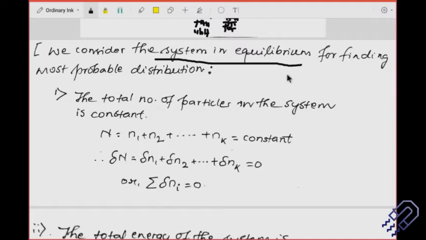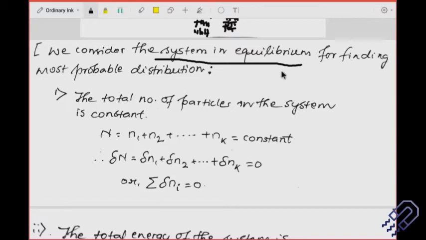So I don't want to complicate things. I want to study a stable system first. Because if you want to express a complicated system using a mathematical expression, you can't. You have got a lot of variables coming, so you cannot really predict what the variables are and how they will behave. But when you are considering a stable system, you can really predict how the system is going to behave after a certain amount of time. So these kinds of systems are what we are studying in statistical mechanics.